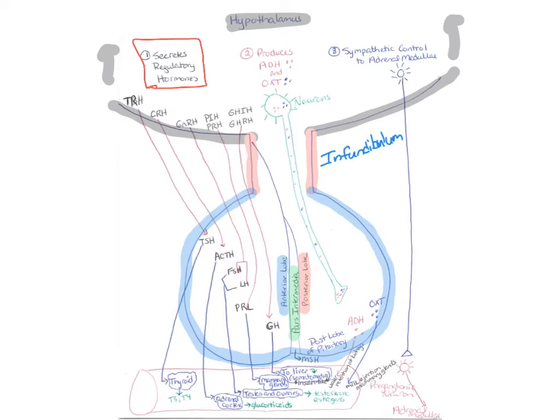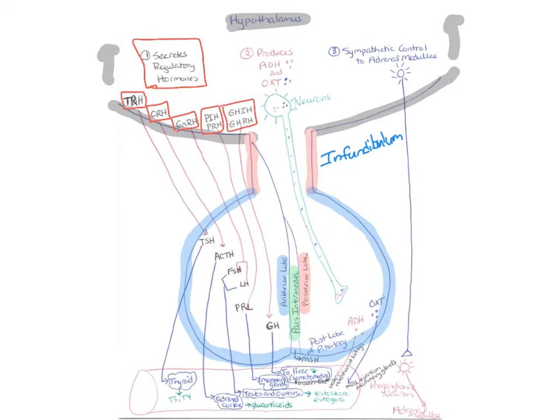What that means is that the hormones that the hypothalamus secretes will regulate the hormones that the anterior lobe of the pituitary will release. So there's these hormones like TRH, CRH, GnRH, PRH and PIH, GHRH and GHIH.